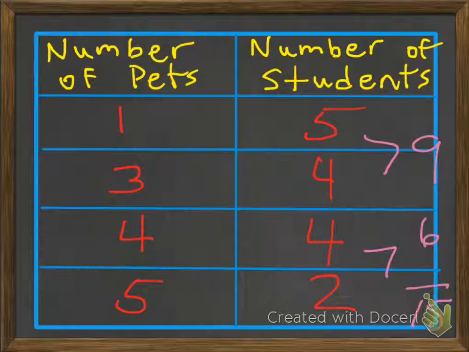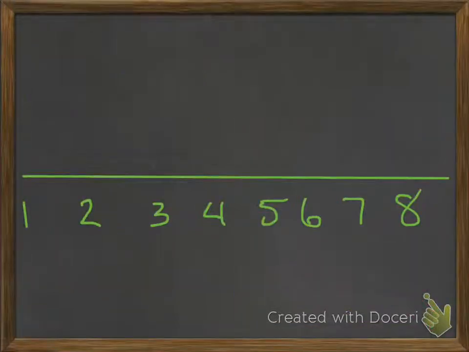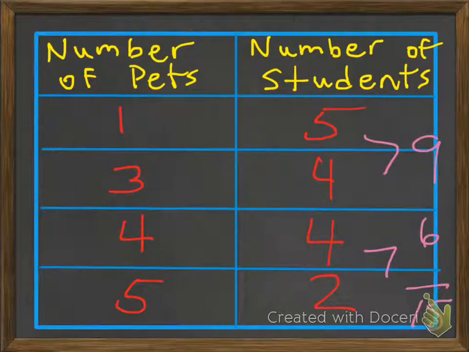Now we want to take this data and put it on a line plot itself. So here's what we have. Well, what does this mean? Here's our number line. For the ones that had one pet, we can go back and say, okay, if you had one pet, there were 5 of them.